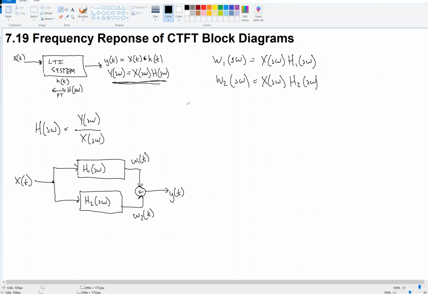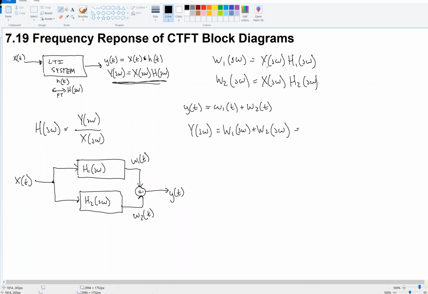So we have y of t equal to W1 added together with W2. So what's the transform of that? Well, the transform of the left is capital Y, and then using linearity, we can take the transform of each piece separately. So this is W1 of j omega plus W2 of j omega.